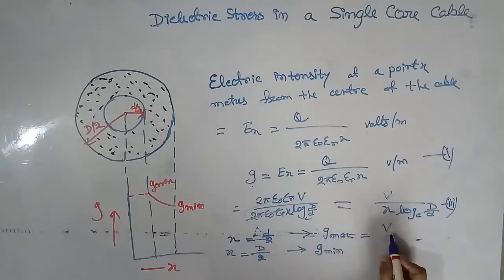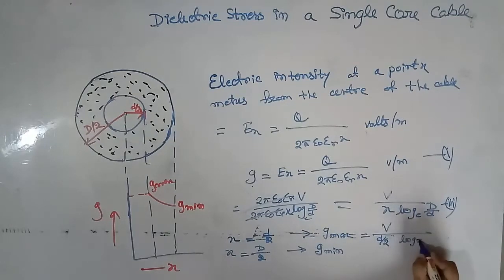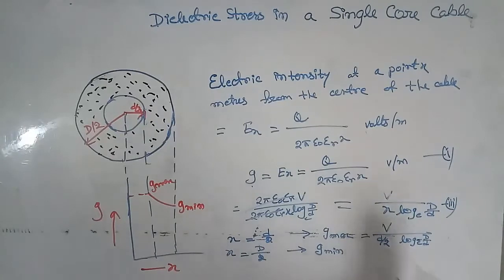So G max is equal to V by small d by 2 log e D by d. Put the value of x, capital D by 2, for G min.